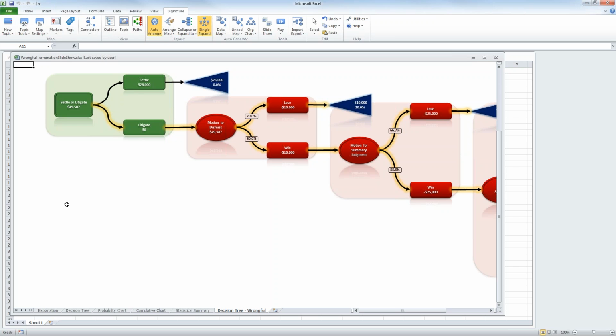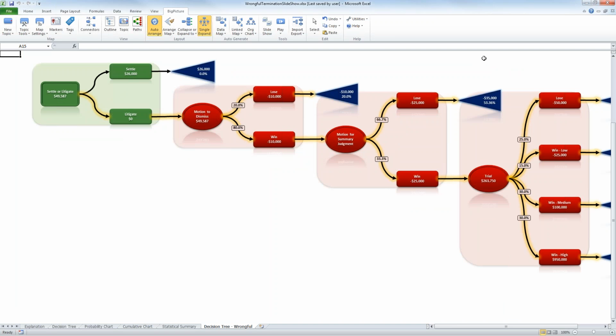Basically, what I want you to walk away from this with is essentially the thought process of being able to utilize BigPicture and PrecisionTree simultaneously so that they can be used to brainstorm.